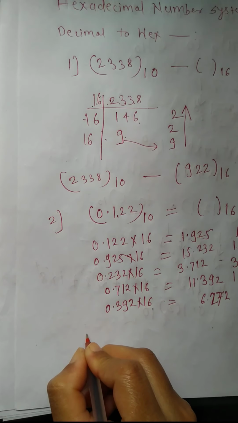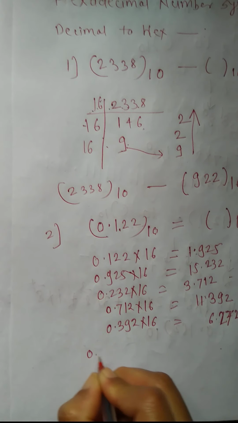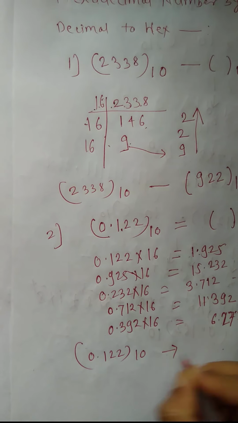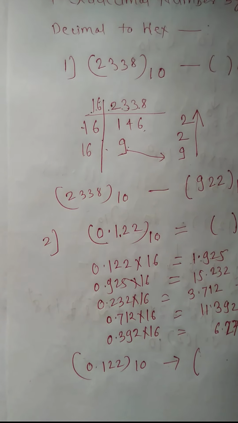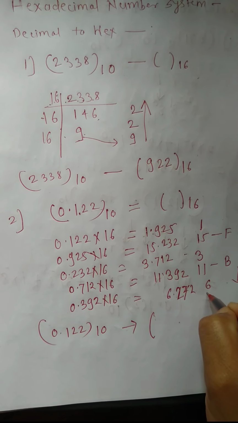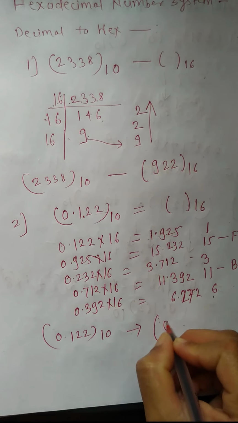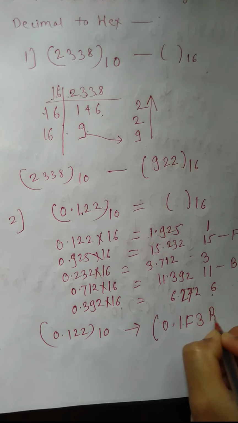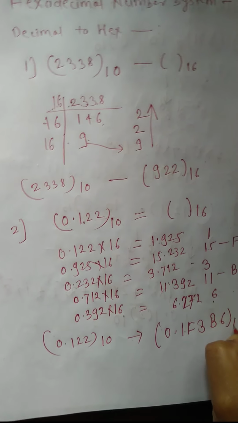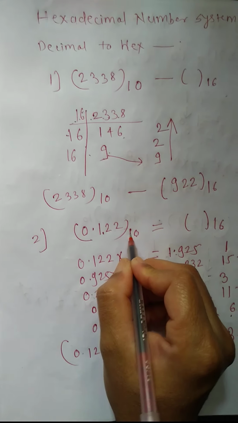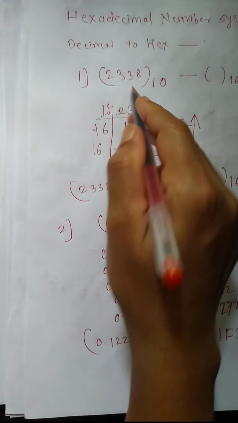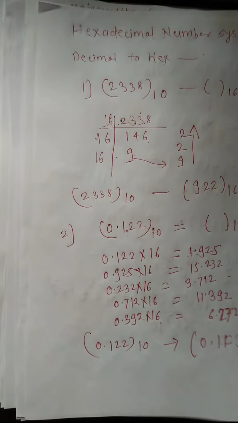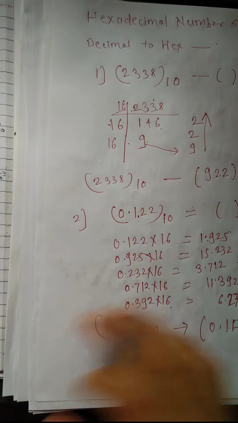This conversion of 0.1221 decimal is converted into hexa, and the answer is recorded from top to bottom: 0.1F3B6, base 16. That is the conversion decimal to hex. If it is an integer number, divide by 16; if it is a fraction number, multiply by 16.